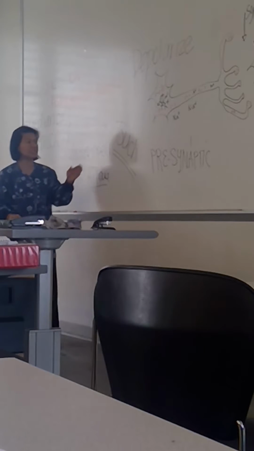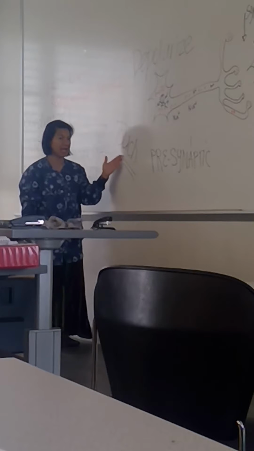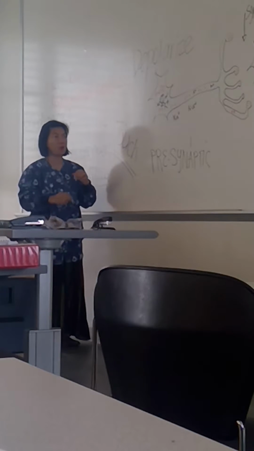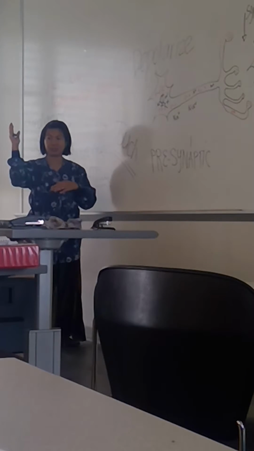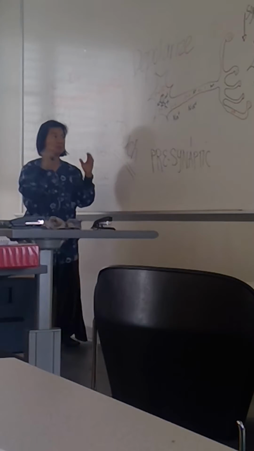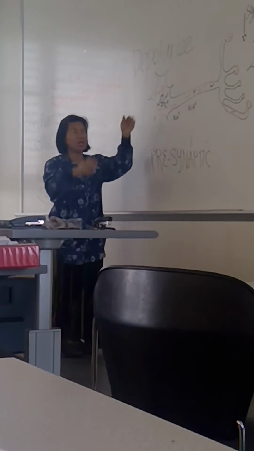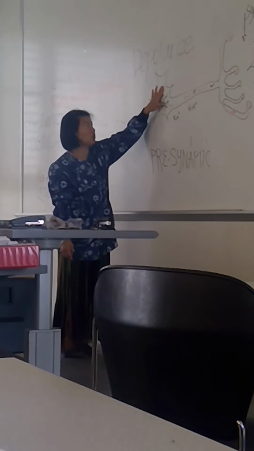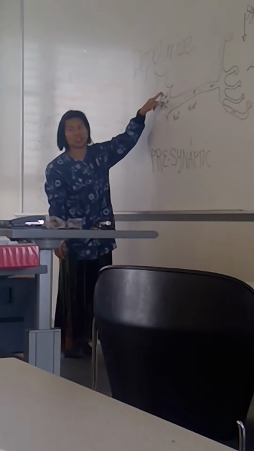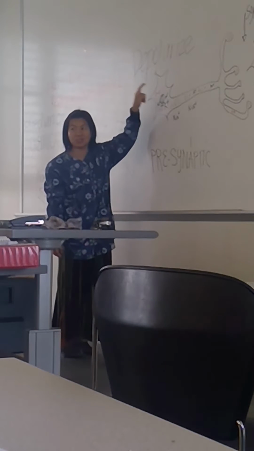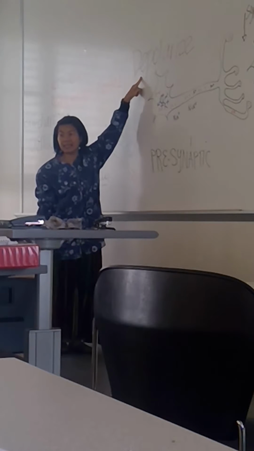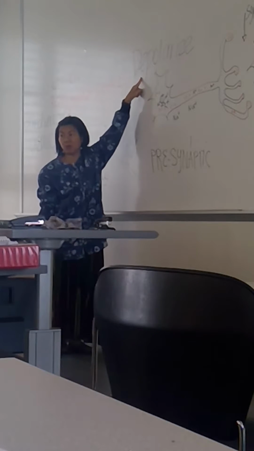Here we use the stimulus touch. That opens the mechanical gate. The result is you open sodium, which is fast, and potassium, which is slow. Lots of sodium rushes in, and only a little bit of potassium trickles out, which means it's no longer minus 70, it's going to change. Anytime you change, you depolarize. Any change is called depolarize.